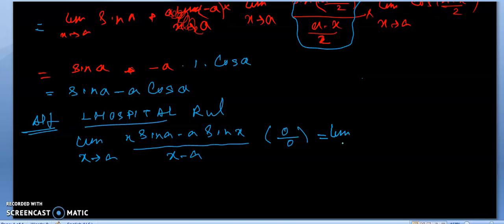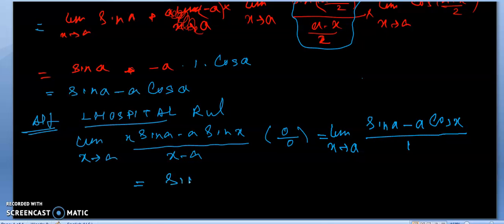Now as x tends to a, if you differentiate the numerator with respect to x, it will be sin a minus, and minus constant a times cos x, and your denominator will be 1. Now easily you can put the value x equals a, as the denominator will not be 0. That means your answer will be sin a minus a cos a. This is your answer.